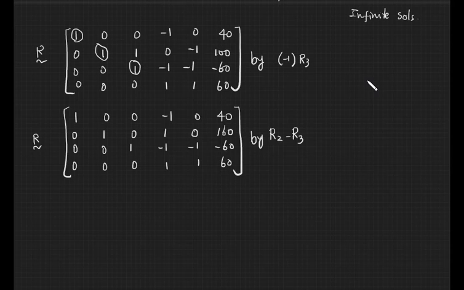Now we shall move on to the fourth column, because the third column looks fine. This is the pivot element, all other elements are 0. Now this is the pivot element of the fourth row, all other elements should be 0. So we'll apply elementary row operations to make this minus 1 zero.